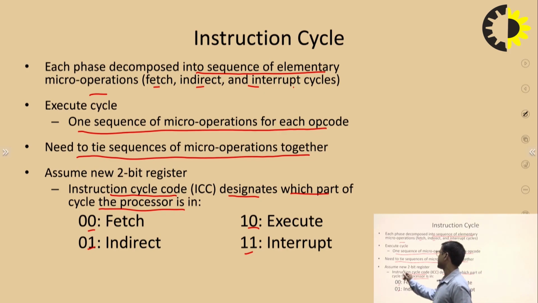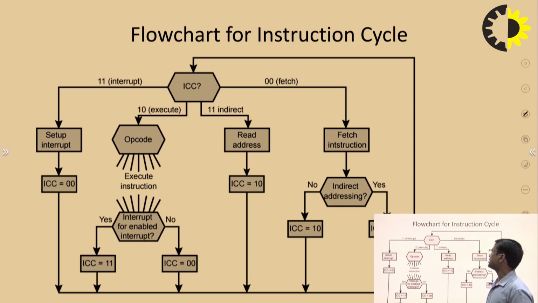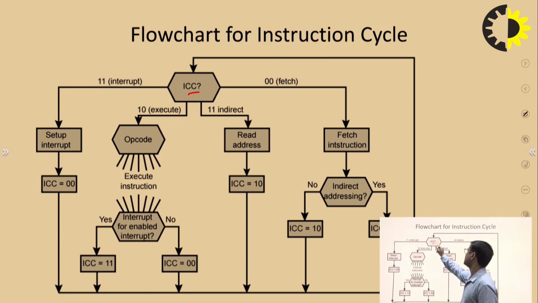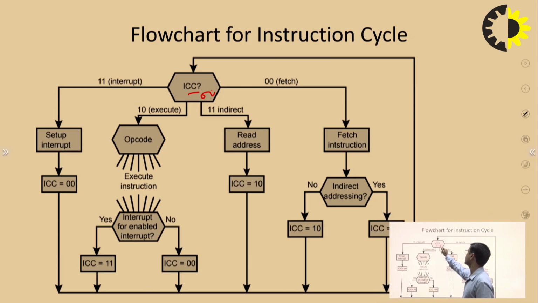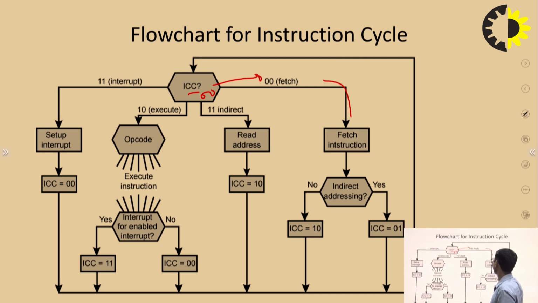The next set of micro instructions to be executed depends upon the 2-bit register, the instruction cycle code. We can see here with the flow chart what the ICC is. Whatever the value of ICC is, like if it is 00, then it will move to the fetch part. So the fetch cycle will execute the fetch instruction. Certainly if there is a fetch, there might be a possibility of an indirect operation.